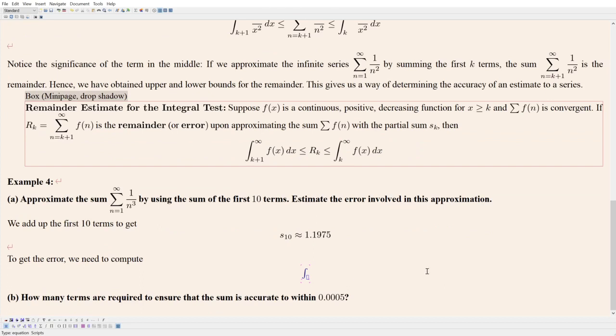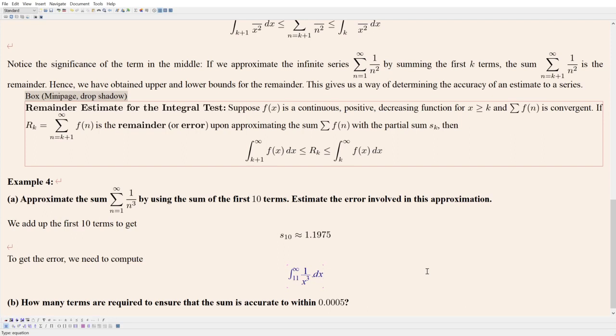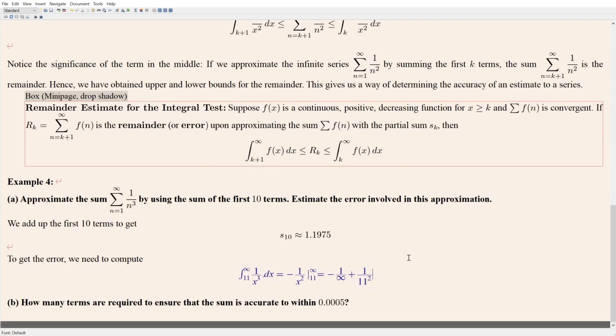So in this case, k is equal to 10. Okay, so whatever. Let's just go ahead and do it. I mean, this is x to the negative 11, so this is just the power rule. Negative and negative becomes plus, like so.